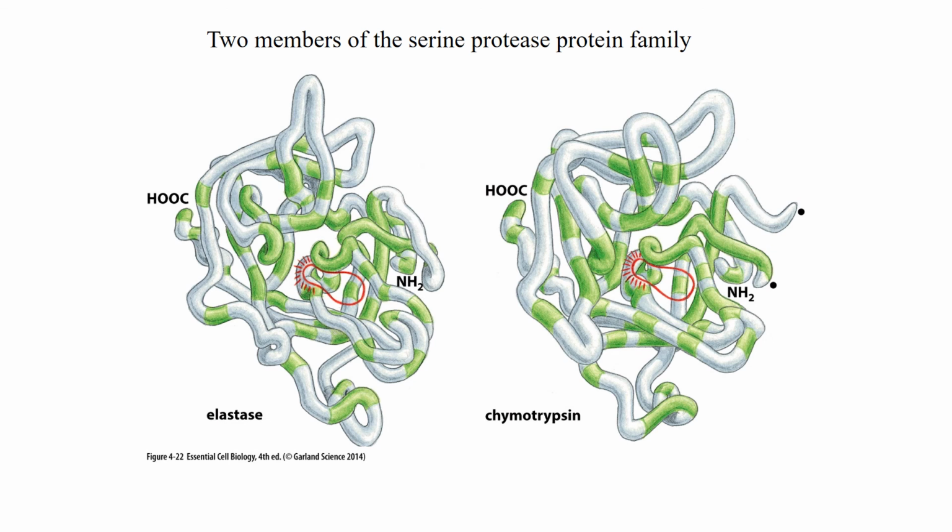One protein family that we'll use to illustrate the concept of protein families is the serine protease protein family. If you look in the center of these two proteins, elastase and chymotrypsin, what we can see is that their active sites are virtually identical, as illustrated with the red line drawing in the center.